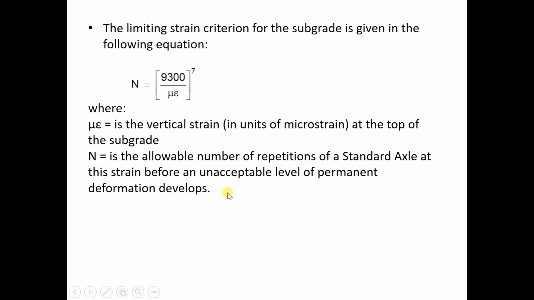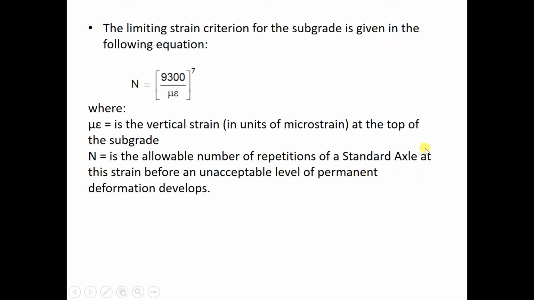Then you have to change this 70 million ESA to SAR for the asphalt. What is it equivalent to in SAR for the asphalt? What is it equivalent to in SAR for the cemented layer? What is it equivalent to in SAR for the subgrade?